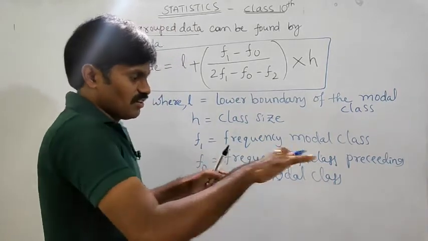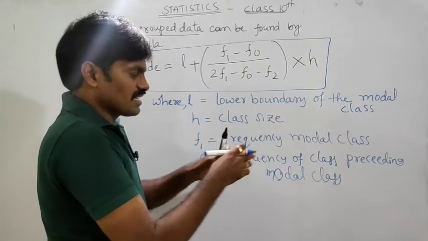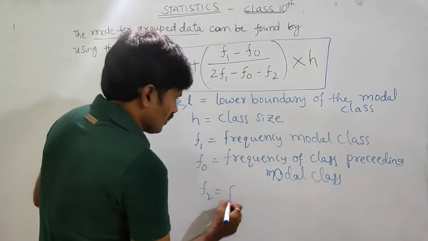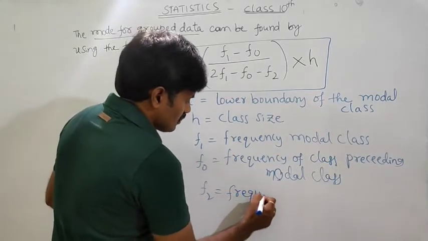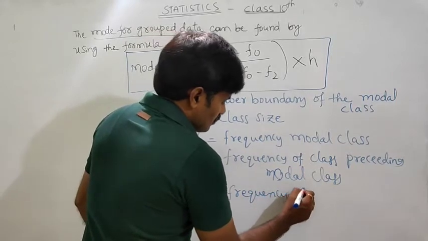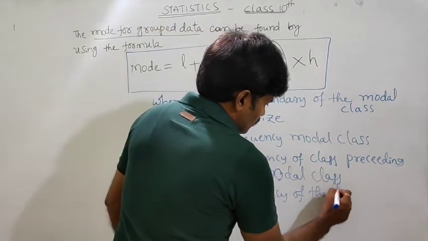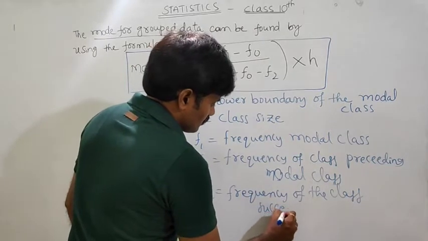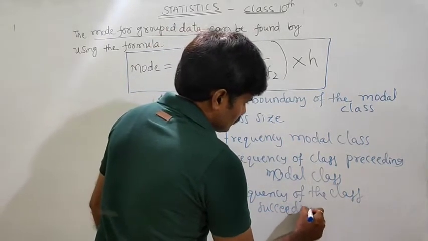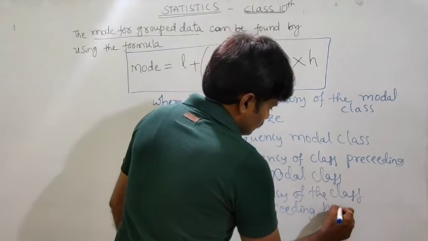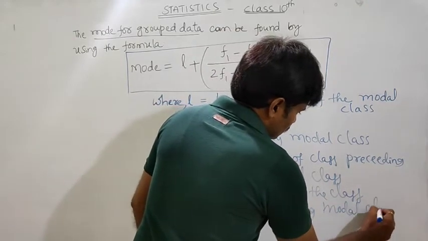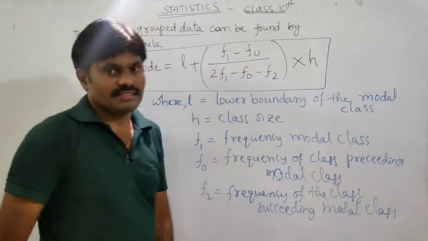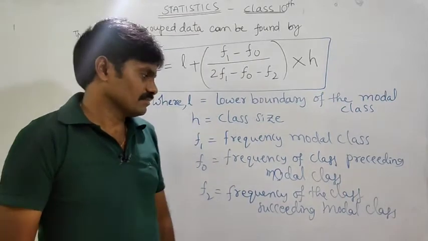F1 is the modal class, F0 is preceding, which is above, and F2 is succeeding. F2 is the frequency of the class succeeding the modal class. Is it clear?